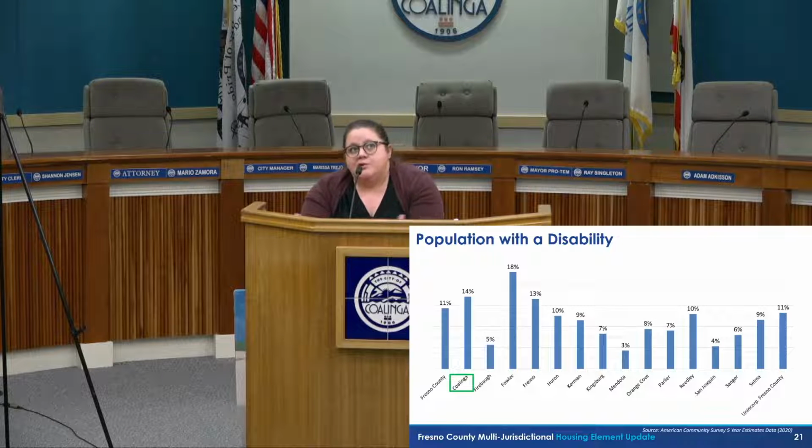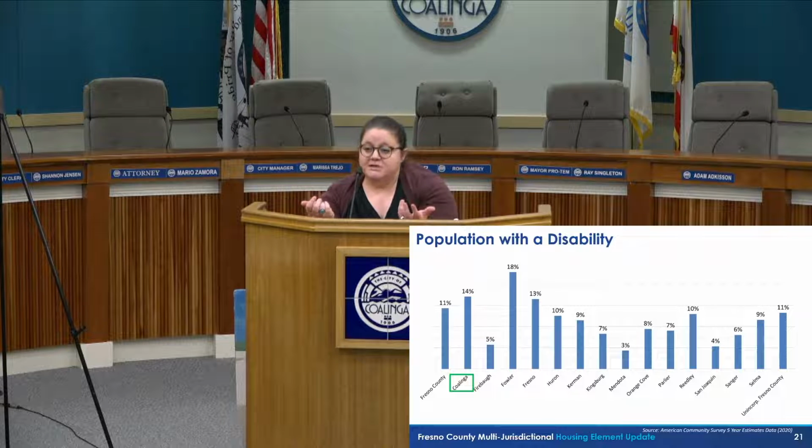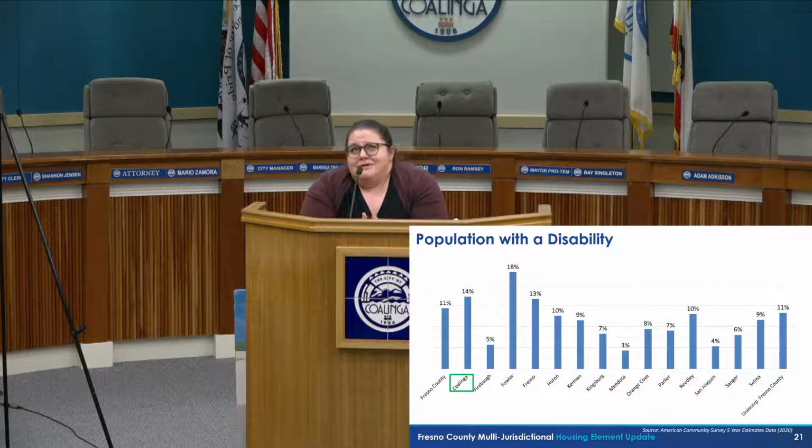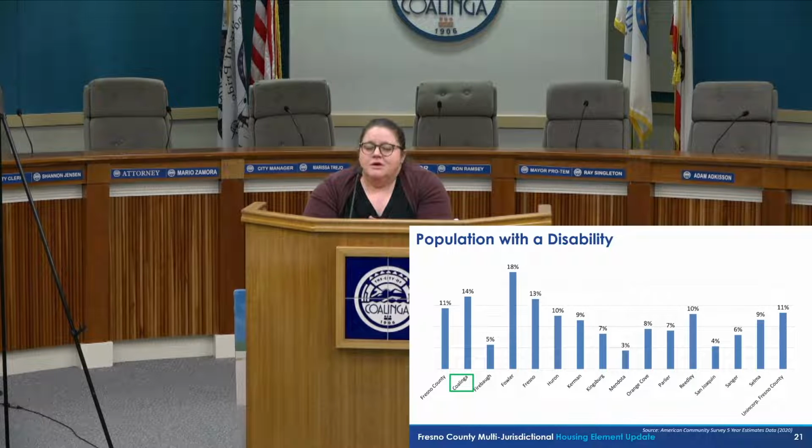And things to consider influencing these numbers: oftentimes, if you have a greater elderly population, you might have a higher population with disabilities. There are a lot of different factors to that, and it's not just one. I wouldn't say be super concerned, but you'll oftentimes see it higher in older communities, because it's harder to get around as you age.